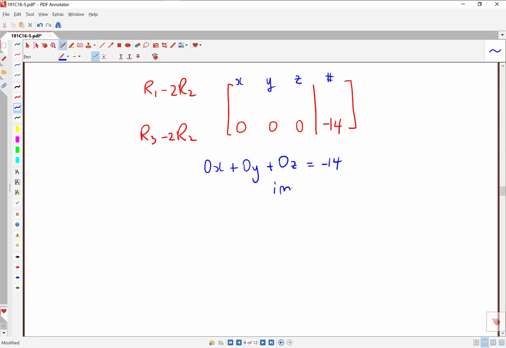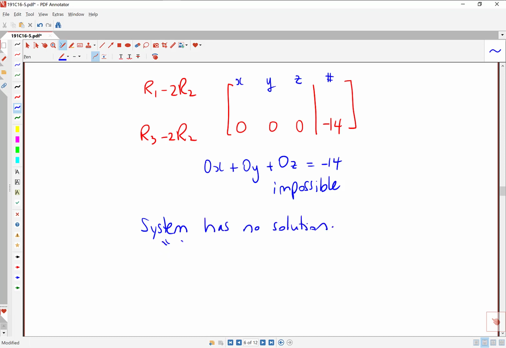And that's impossible. There are no real numbers x, y, and z out there that are going to make 0 equal to -14. So as soon as we see that impossible scenario, we say that the whole system of equations has no solution.